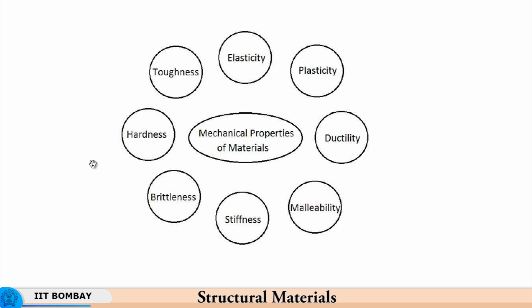For example, if something is brittle, it will withstand stress up to a certain point and then it will break. So there are two stages, either the material exists or it doesn't. There is nothing like plastic deformation, right? So brittleness and plasticity go one against the other. Brittleness is something where plasticity is lacking.